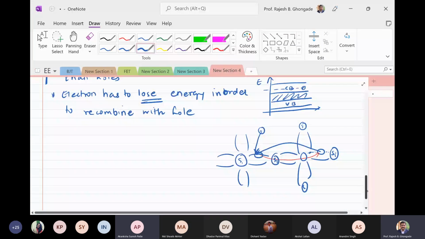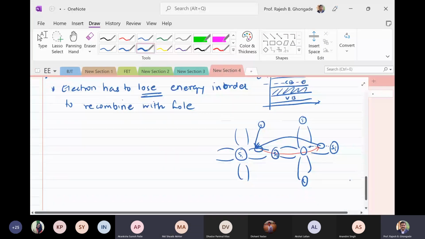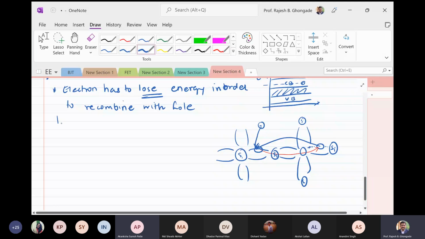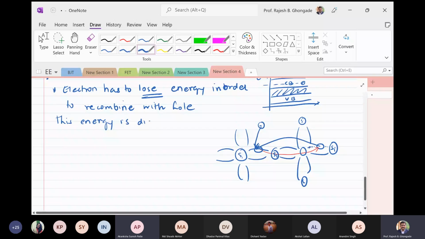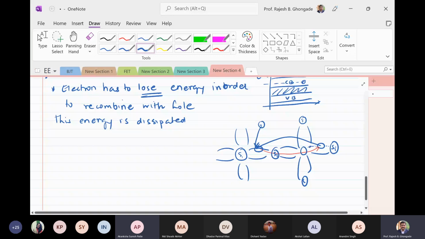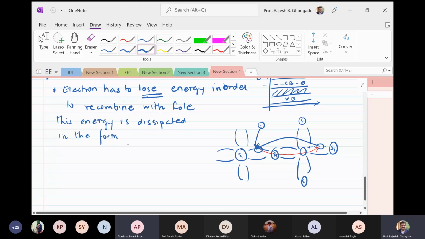All right. Now this energy, which is lost, is dissipated in the form of light and heat.